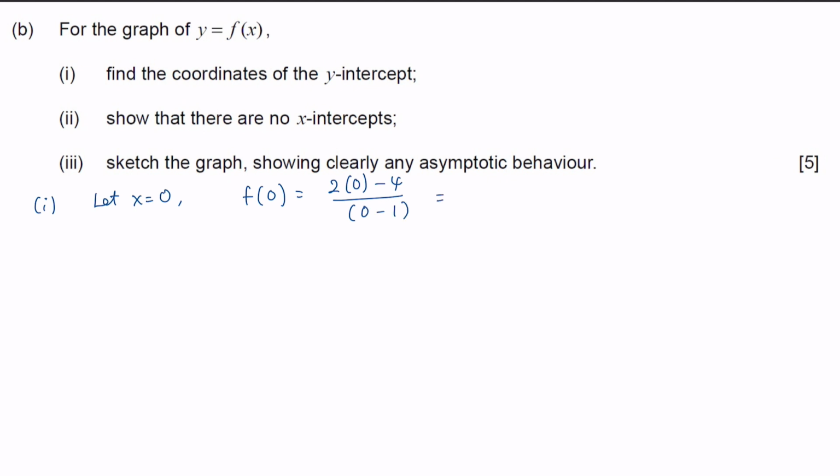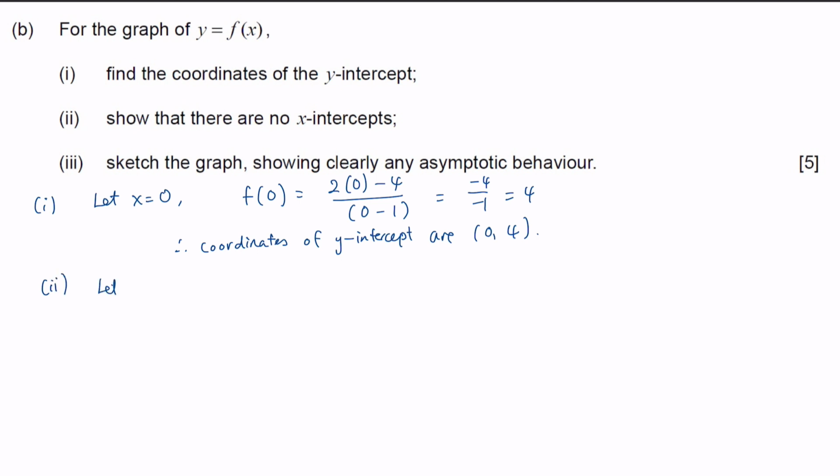So that's going to be minus 4 over minus 1, which is 4. So therefore, the coordinates of the y-intercept are 0 and 4.